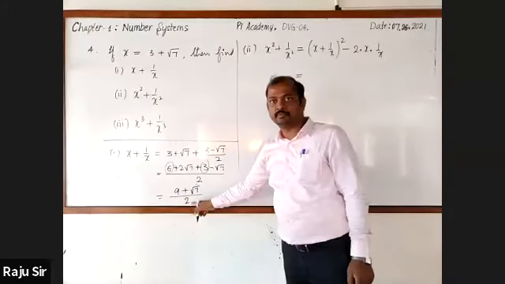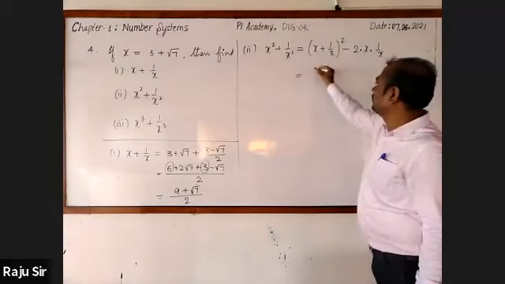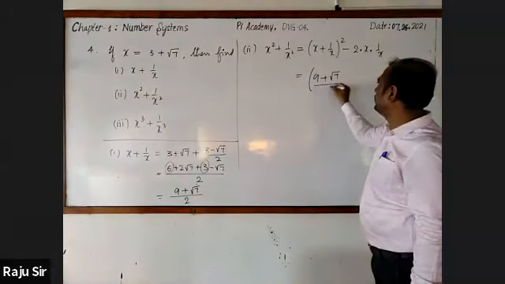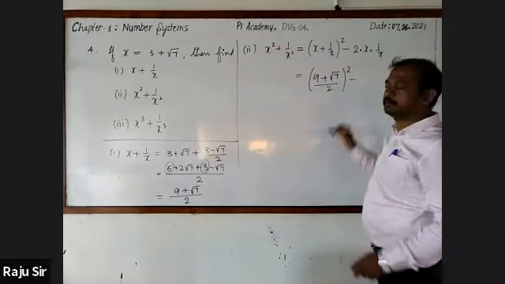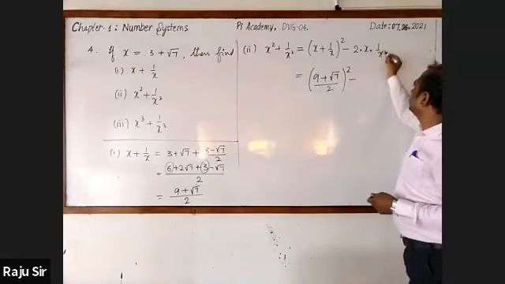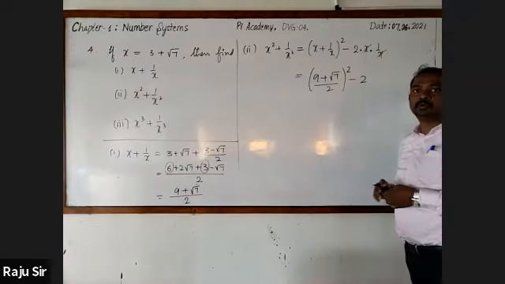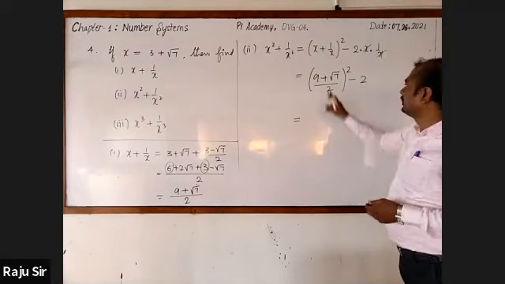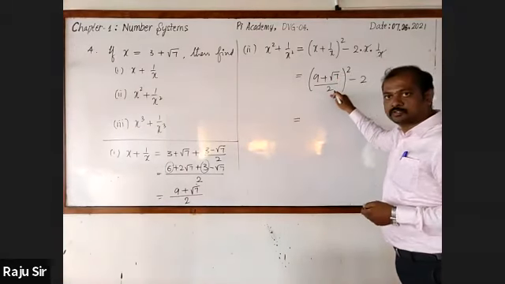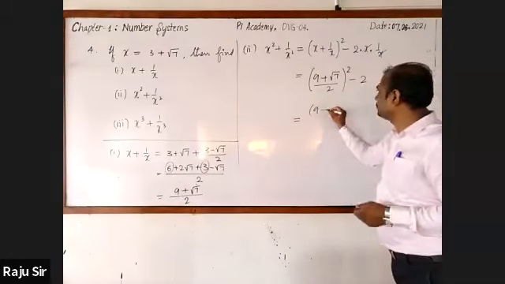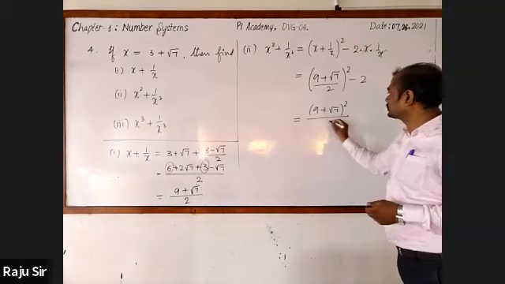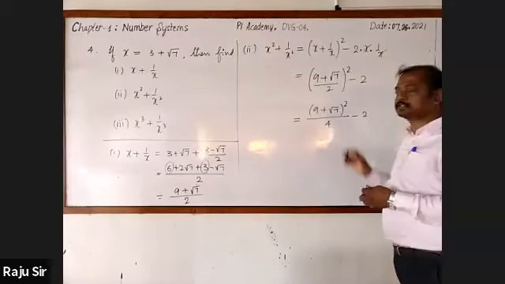Just we have found out, it is 9 plus root 7 by 2 whole square minus 2, here x and x get cancelled. Apply square to both: 9 plus root 7 whole square by 2 square is 4, minus 2.